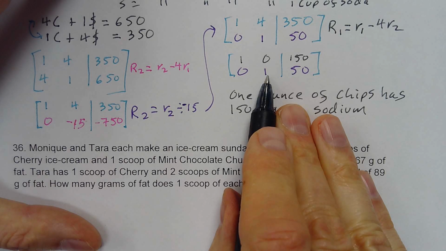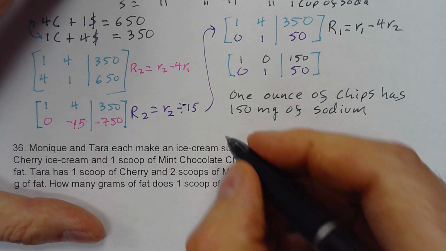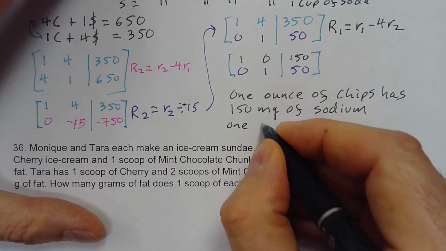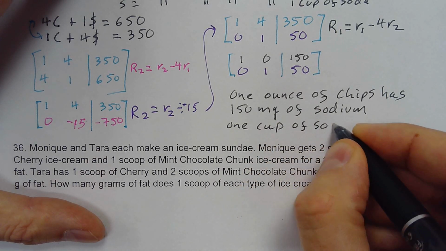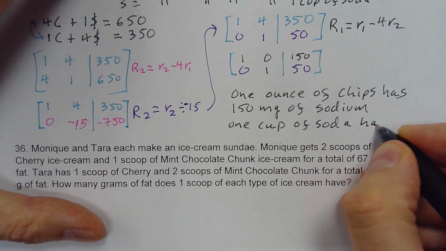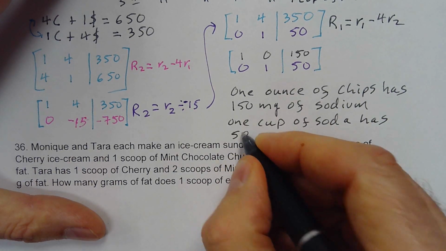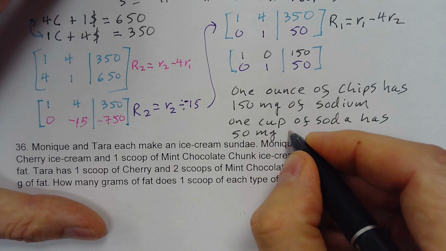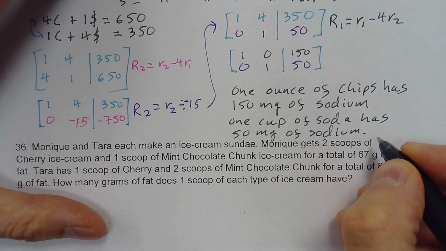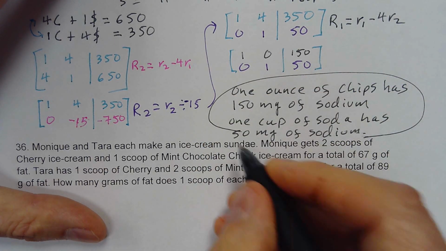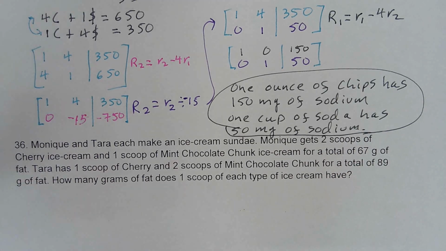And then the second one, that's the soda. 1 cup of soda has 50 milligrams of sodium. And that would be your answer.